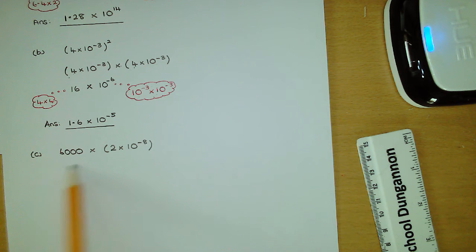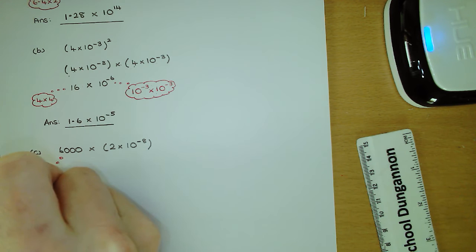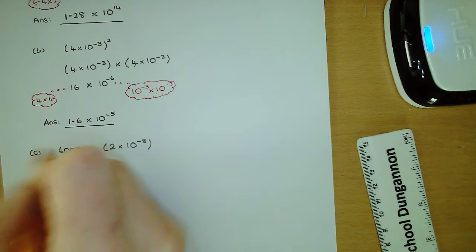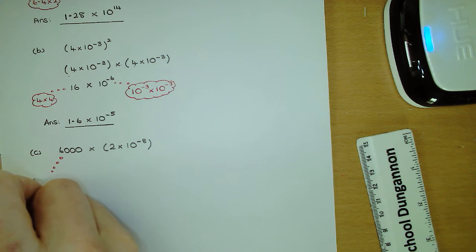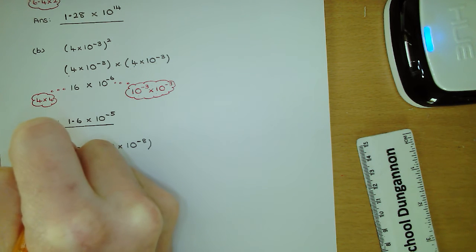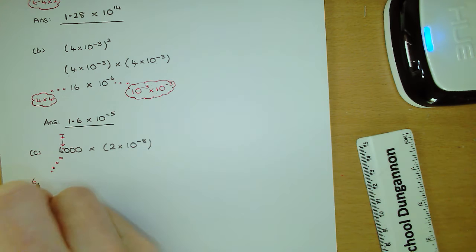So we're going to take the number that isn't in standard form and put it in standard form. So remember, to do that, we need to make it a number between 1 and 10. So we're going to insert a decimal point immediately after the 6. And then we're going to have 6 multiplied by 10.